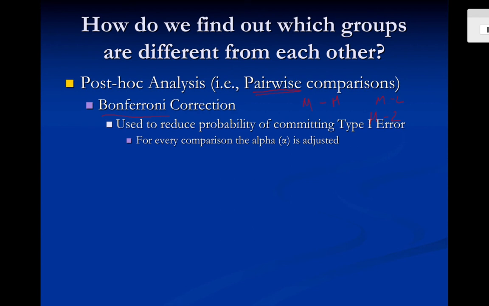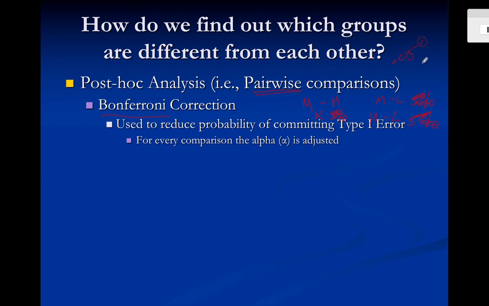So in our particular case, what we need to do is make an adjustment to our alpha level per comparison. Rather than saying for the high and moderate comparison I'm going to have an alpha level of 5%, and then 5% for moderate and low, and 5% for high and low, I need to create an adjustment to this alpha level value so that when I add up all 3 alpha levels across all my comparisons, I don't exceed the 0.05 maximum.